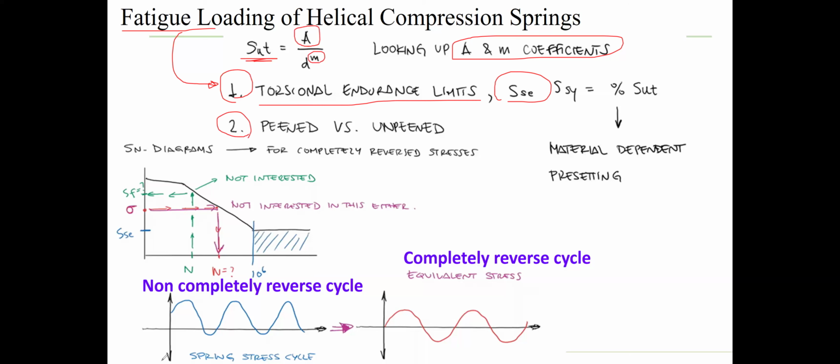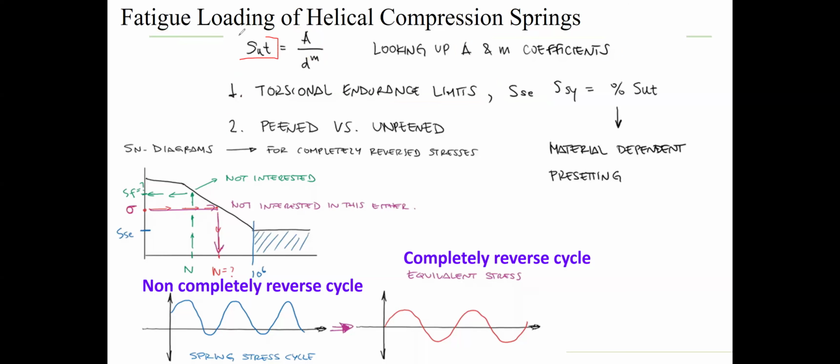So there are some parameters we have to consider first. The SUT, which we get by checking the A and M coefficients. When we get the SUT value, we can evaluate what is called the torsional yielding stress, also by checking the handbook.